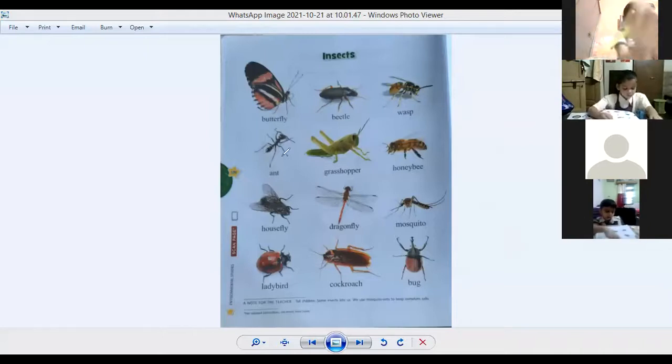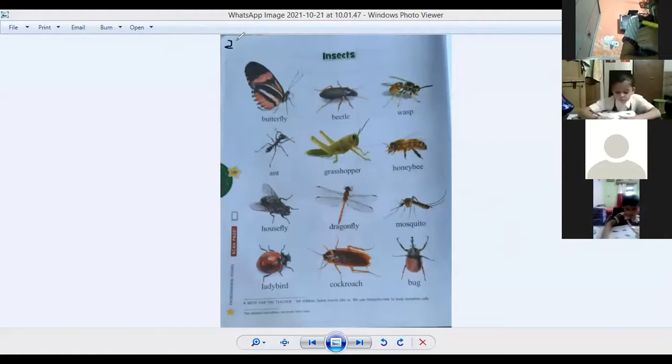We'll see a few more insects from our book. Write down date 21.10.21.